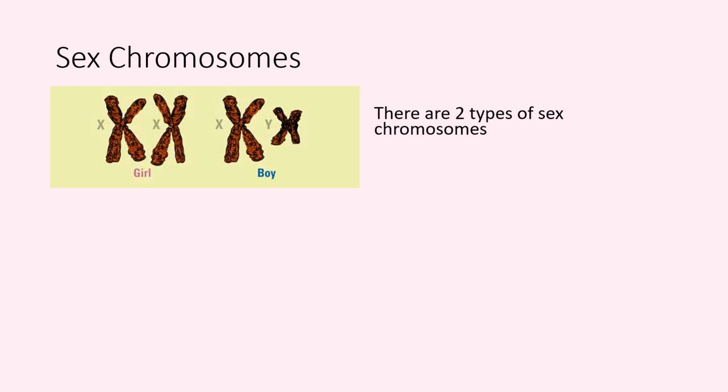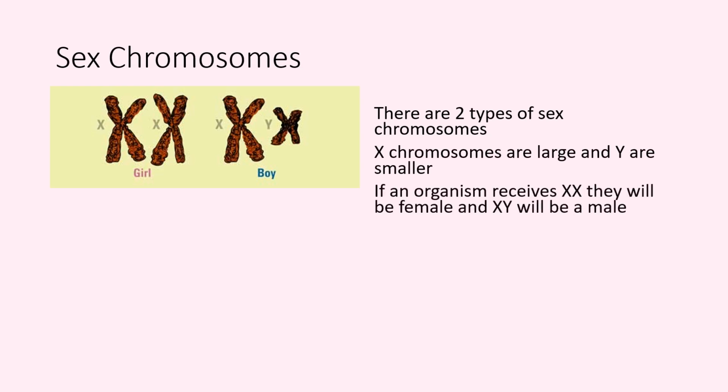The Y is much shorter than the X. What else do we know then? Well, that's exactly what I just said. If an organism receives an X and an X, they will be a female. If they receive an X and a Y, they will be a male. So we can actually see that.